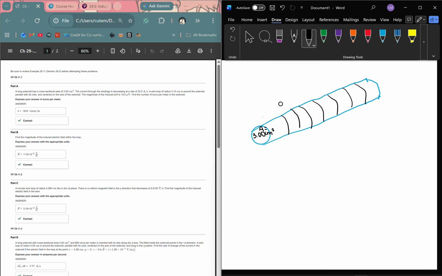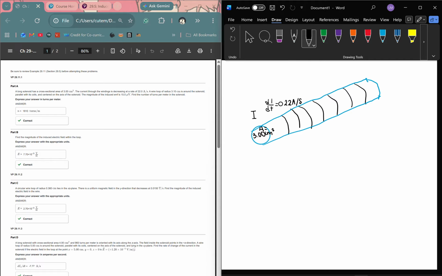The current is I, and then I'm going to write dI/dt, which is the current through the winding decreasing at a rate of 22, so it's going to be negative 22 amperes per second.